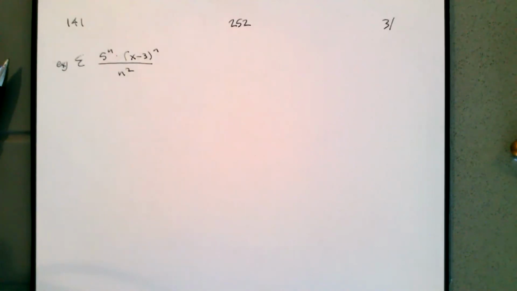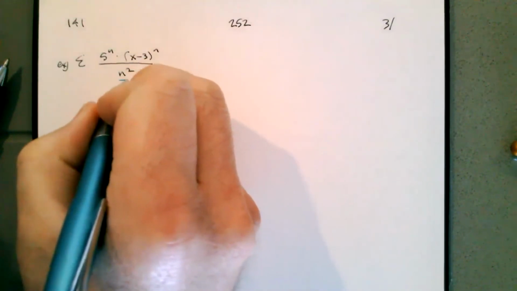And the way we think about this is to just pull out the geometric part and think if this n squared wasn't there, because the n squared is still only about the endpoints.